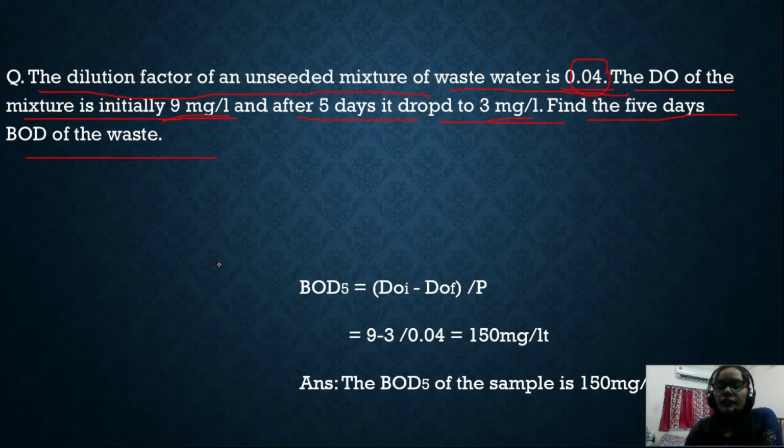But all these data are not given in this question, so we have to use the previous BOD test, the previous equation number 1, that is BOD 5 equals DOI minus DOF divided by P. So 9, the initial value, minus the final value 3, divided by 0.04, and that is 150 milligram per liter. So the BOD 5 of the sample is 150 milligram per liter.